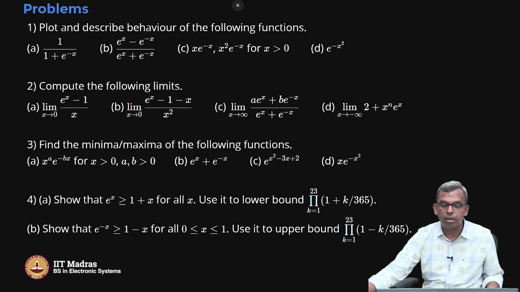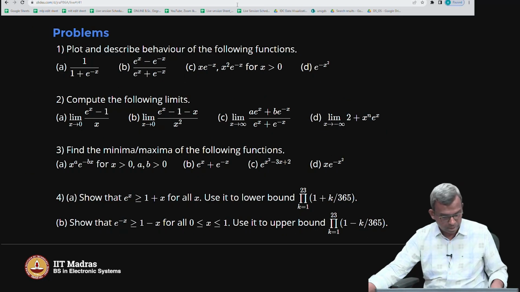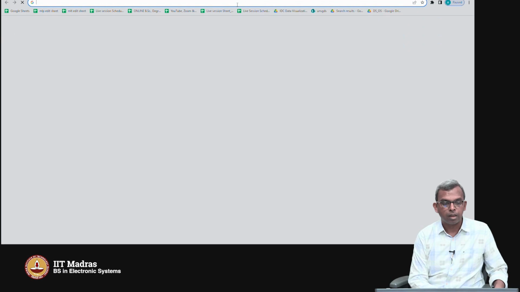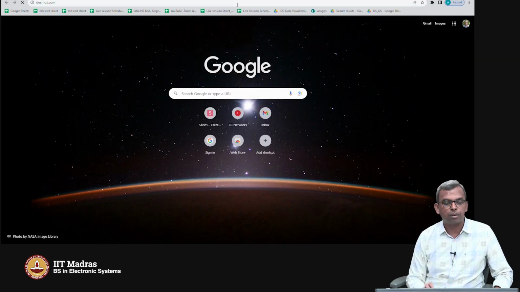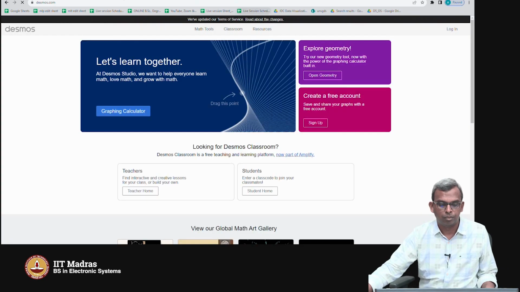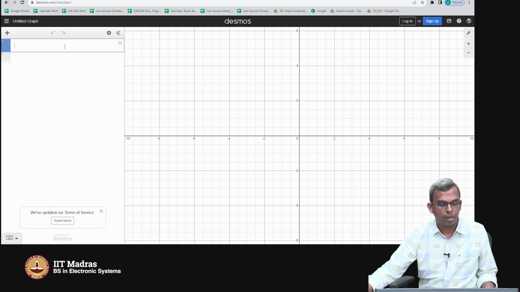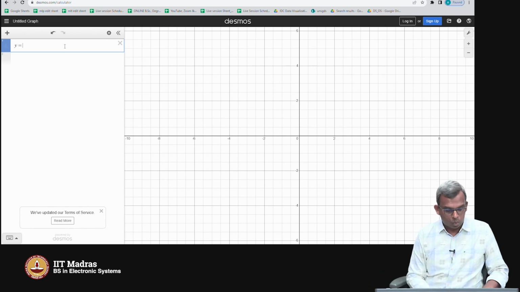I'm trying to get a Desmos here, so I'll have to get another tab for you. Let's do a graphing calculator. So Desmos can do exponentials very well, 1 by 1 plus e power minus x.